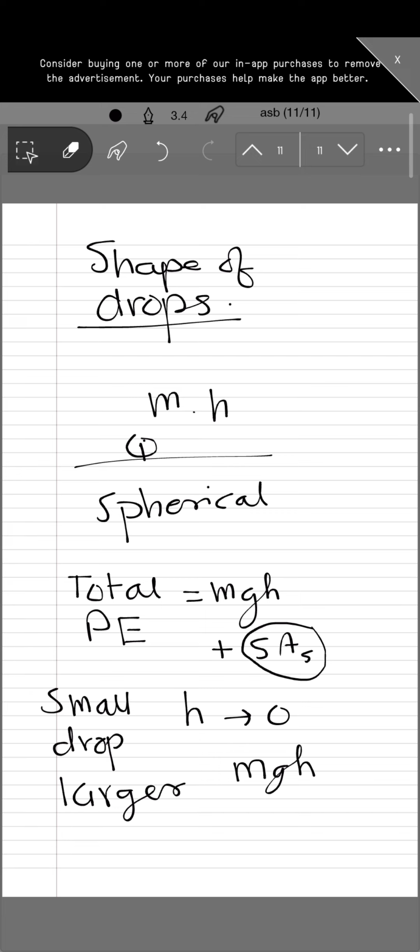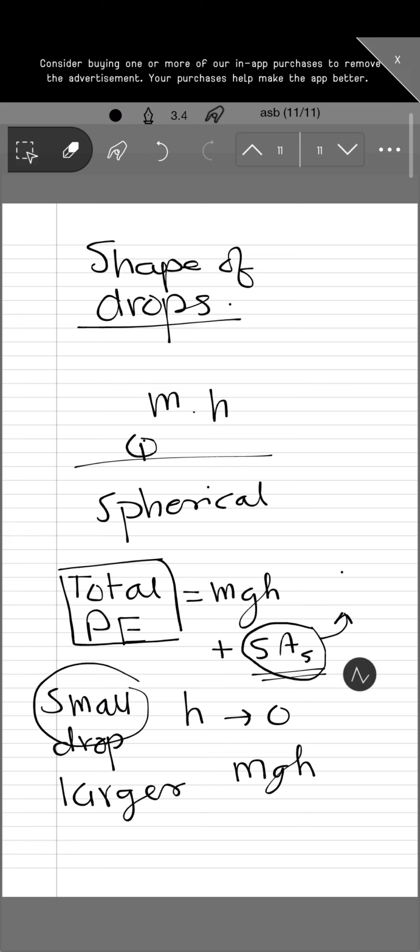Now the reason why it assumes a spherical shape is that in nature every system tries to be in its lowest energy state. When the drop is small, the contribution is only coming from the surface tension multiplied by the surface area.